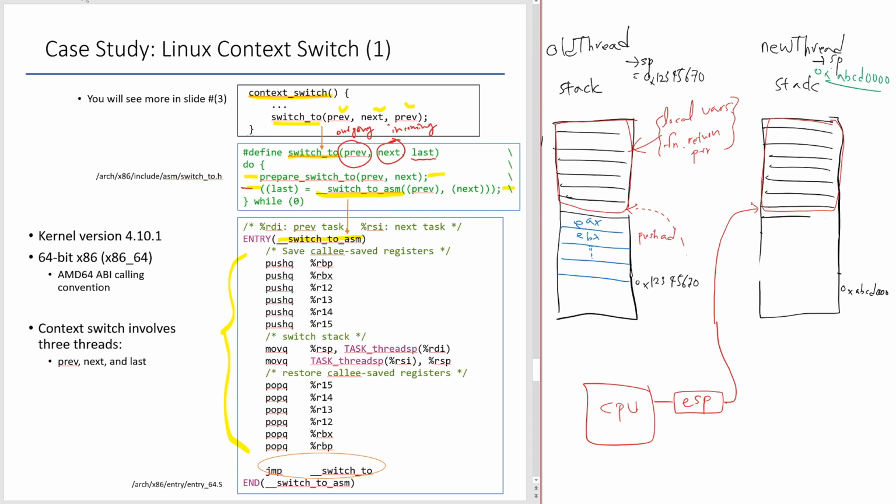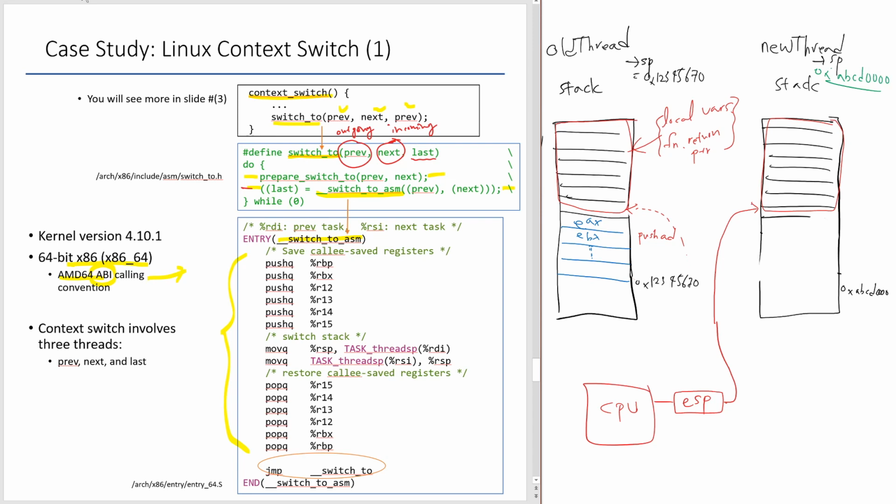Back to this switch2 ASM. According to the 64-bit x86 calling convention, ABI stands for Application Binary Interface, and this is the standard documentation that defines all the calling convention and which register should be used in what context, and all the C structure layout and all sorts of different low-level C behavior that should be followed, for a certain architecture and certain operating system combination, right?